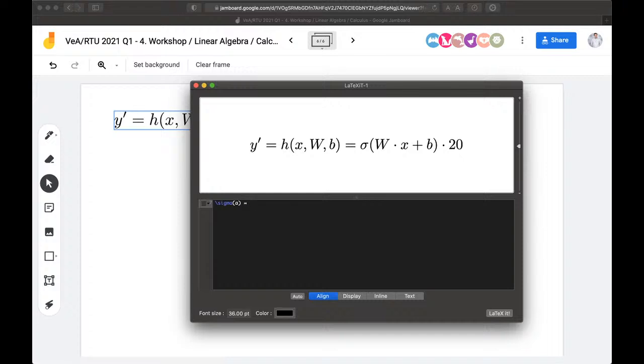And this will be then the fraction 1 divided by 1 plus the exponent of minus a, like that.